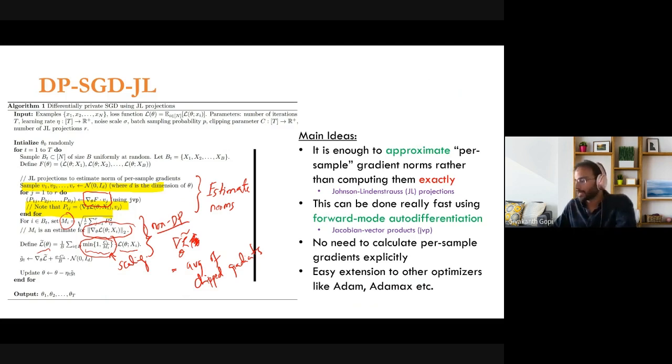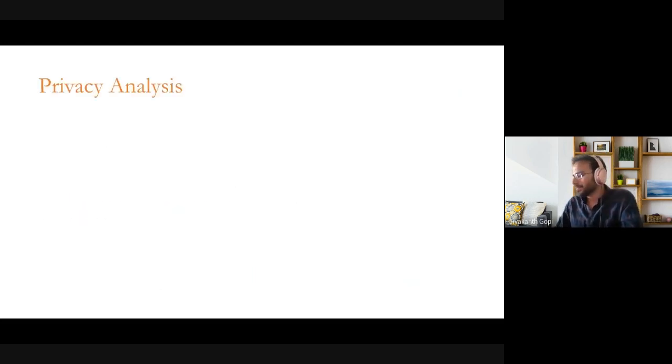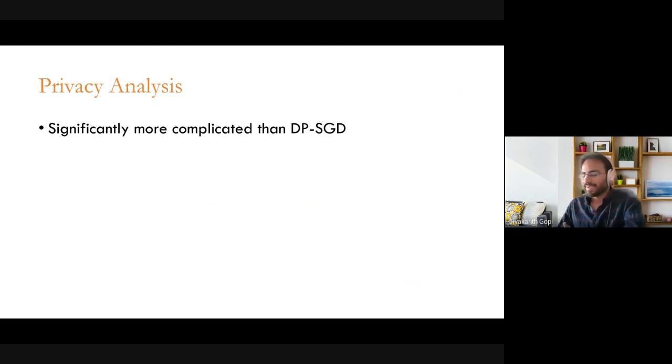Okay, now we'll go into the privacy analysis of why this is private. Intuitively it looks like it, but proving it is a little bit tricky. In fact, the privacy analysis is much more complicated than DP-SGD for a lot of reasons.